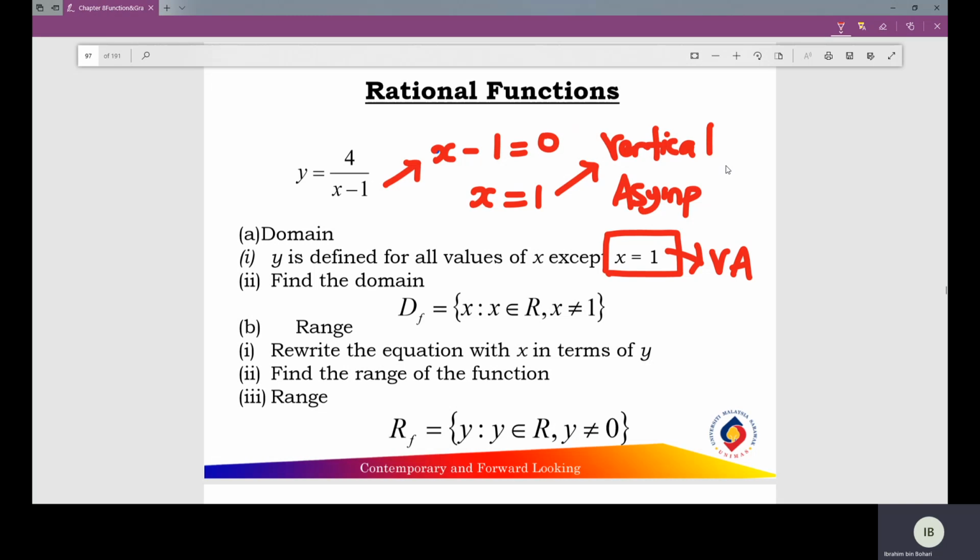Okay, and you can write down the answer in a solution set, or you can write the answer in interval notation. So in interval notation, the answer is all the real numbers, negative to positive infinity, except the vertical asymptote.